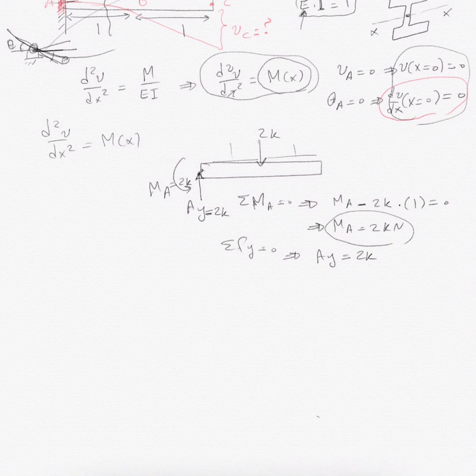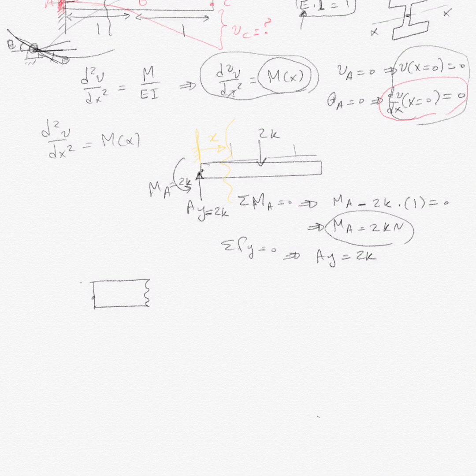The first section is, this is your x, this is your x from any point between 0 and 1. Then my FBD will look like here.